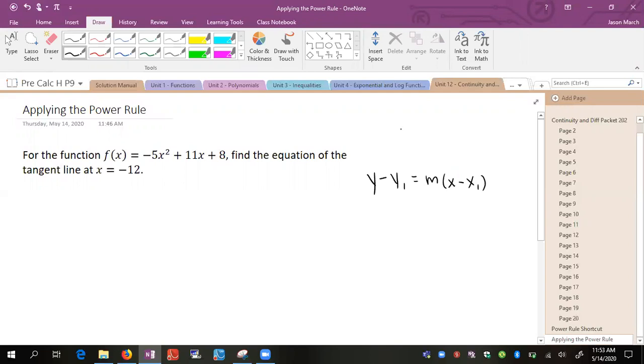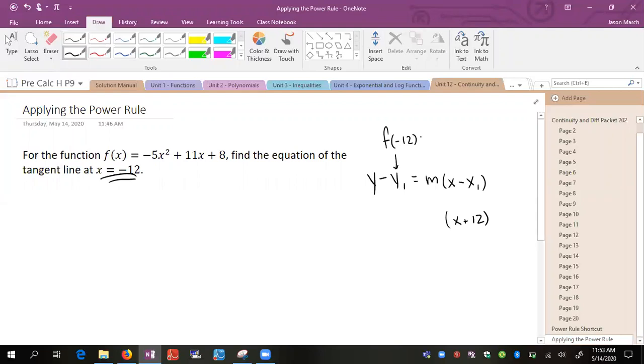So x1 and y1 represent the coordinates, and then the m represents the slope. So the coordinates, well, we know that x is equal to -12. So I already know in the parentheses I'm going to have x plus 12. The y1 is found by figuring out f of -12.